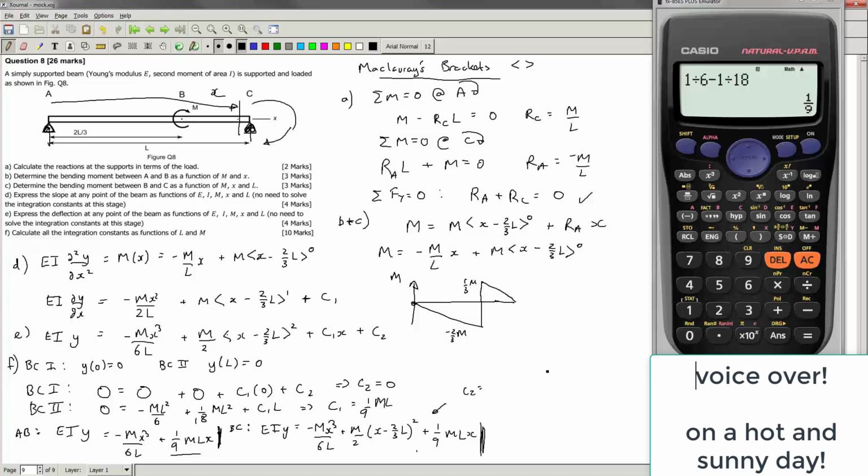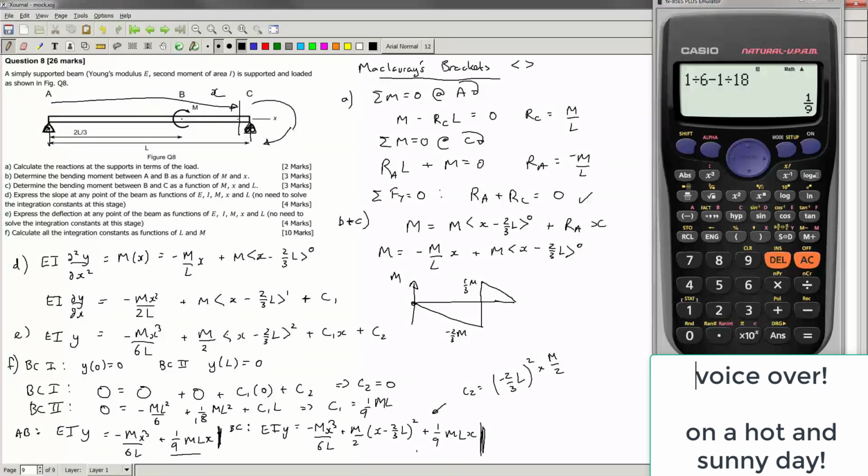Now this isn't as painful as it sounds, because what you're doing is comparing and gathering like terms, and you're only going to get the constant term appearing inside the bracket. So when you multiply out that bracket, you have the minus 2/3 L. You square it and multiply it by the 2 at the front, and that will be your C2.